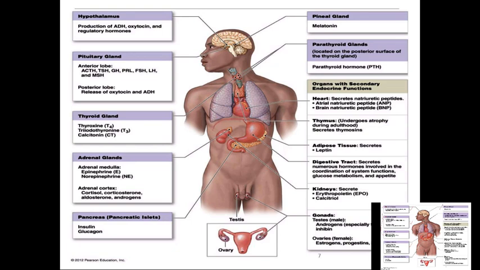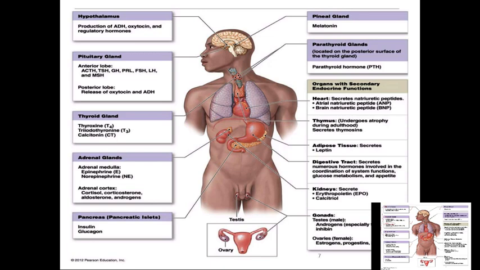You need to know these hormones by their name as well as their abbreviation. A lot of times on labs, you'll see abbreviations, not necessarily the name. And oxytocin. So the hypothalamus produces ADH and oxytocin, but it's going to store them in the posterior lobe, known as the neurohypophysis, and it will release them.